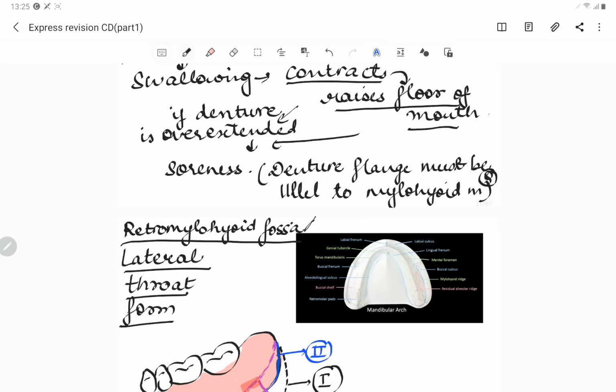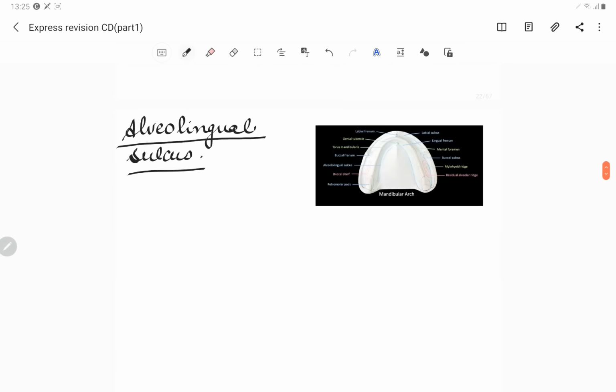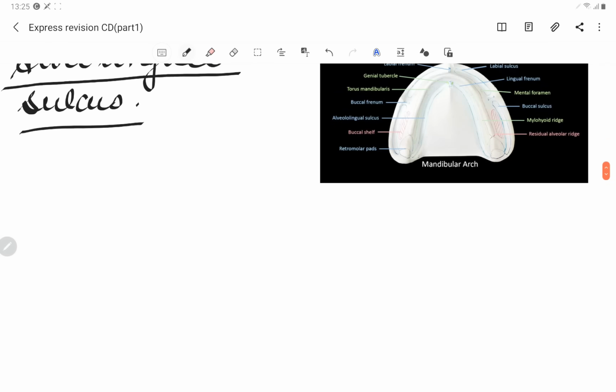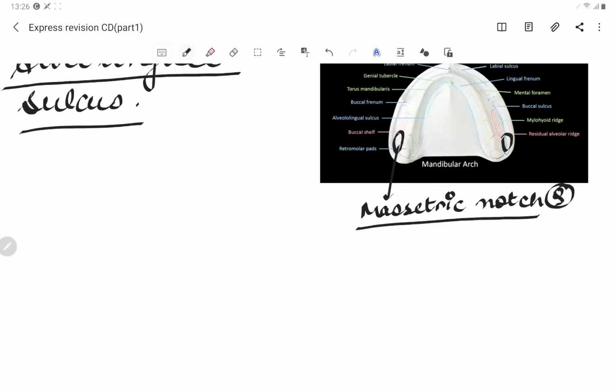So talking about the alveolingual sulcus, we were at the alveolingual sulcus, but before we proceed, let's see what the masseteric notch is. Basically, the masseteric notch is recorded somewhere here, okay. Let me write it, masseteric notch.